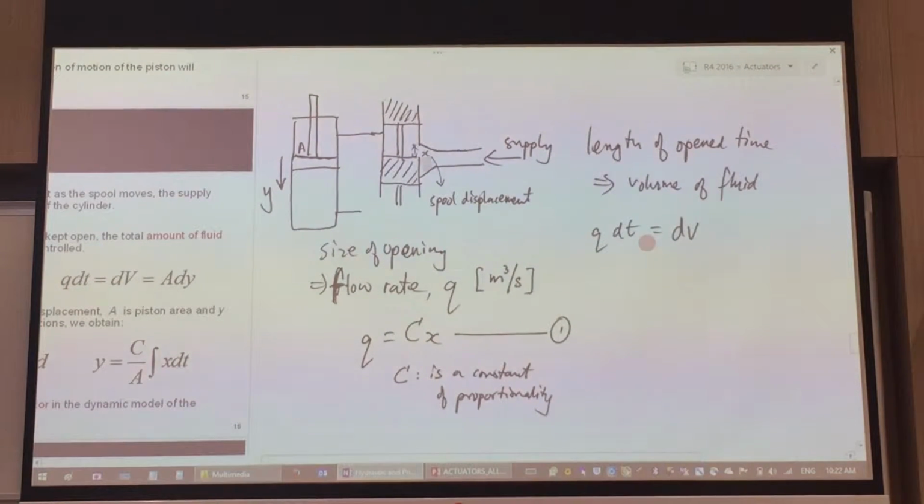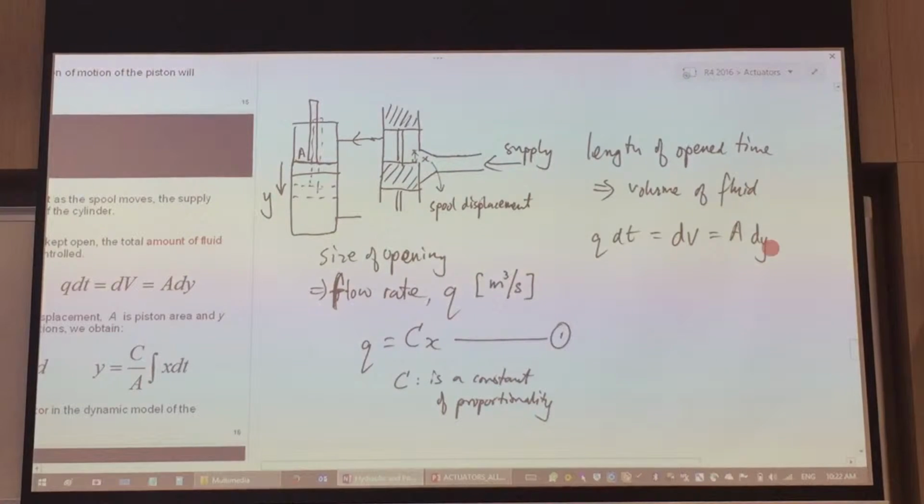So volume in our case, if this were to be energized in that way, in your cylinder, the amount of volume that causes this piston to move down because it's energized, that amount that has been moved down, the area multiplied by a small little change in the y movement downward. dy is from here to here, the amount that you move down.